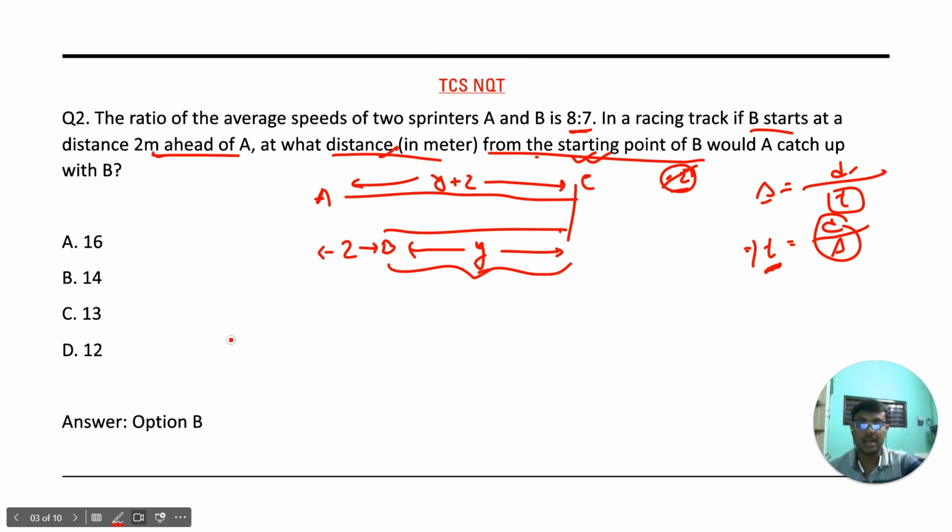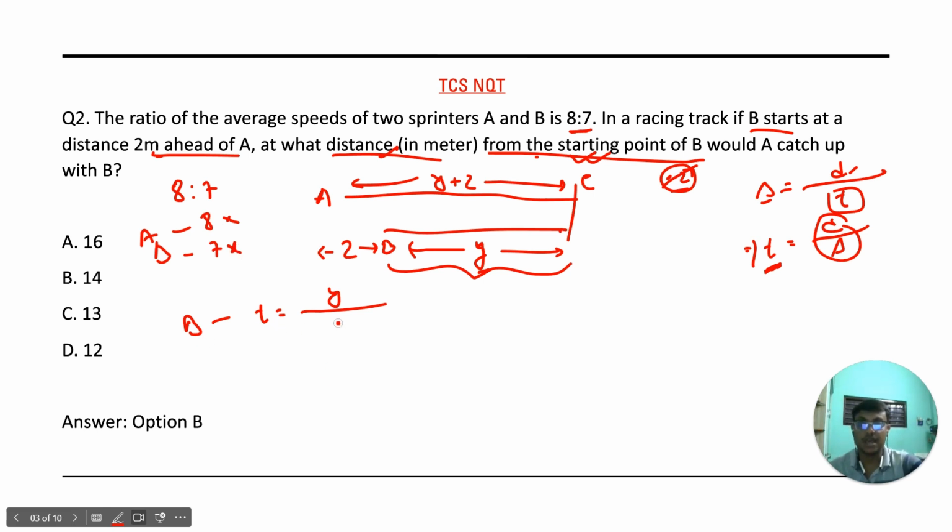So using this concept, we can write for B, t is equal to distance by speed. We have the ratio as 8 is to 7. So let the speed of A be 8x and the speed of B be 7x.